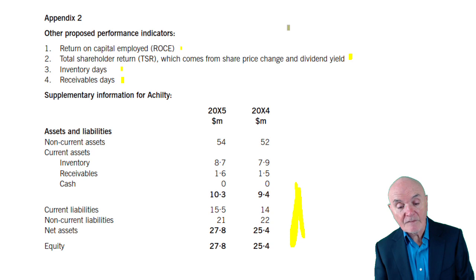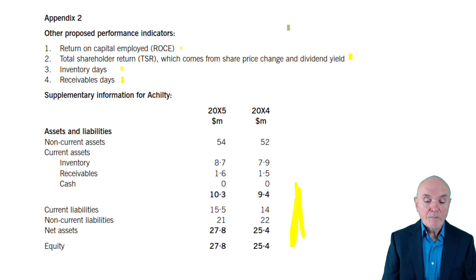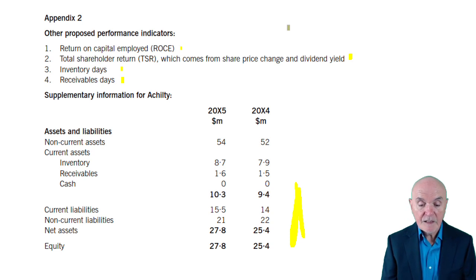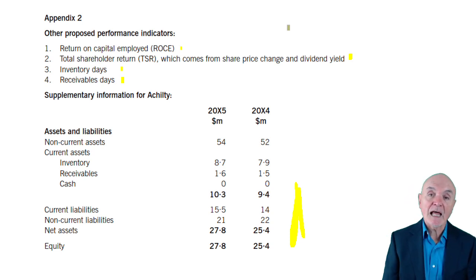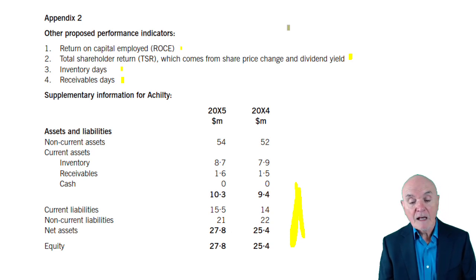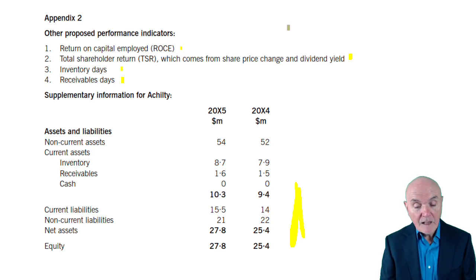Inventory days, I think we would probably calculate that because we know the purchases, we know how much inventory there is. Inventory days would help us to judge maybe the efficiency in purchasing. I think when you calculate this, it goes down a little bit.